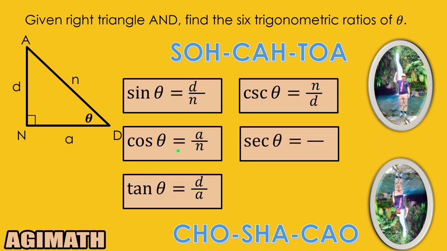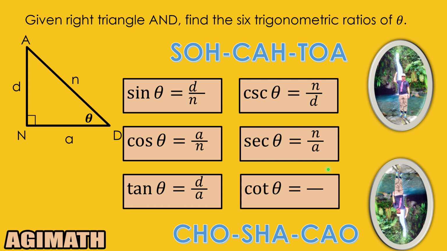Then for secant, it's the reciprocal of cosine, so instead of A over N, that will become N over A. And lastly, for cotangent, the reciprocal of tangent, so instead of D over A, that is A over D. And that's it. Again, remember, this is SOHCAHTOA, so it will look like this.